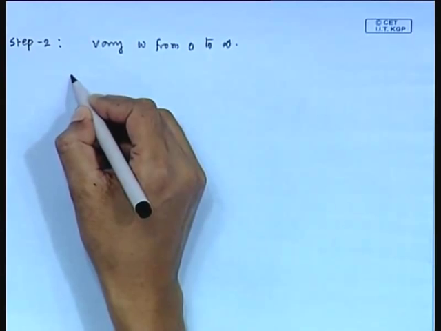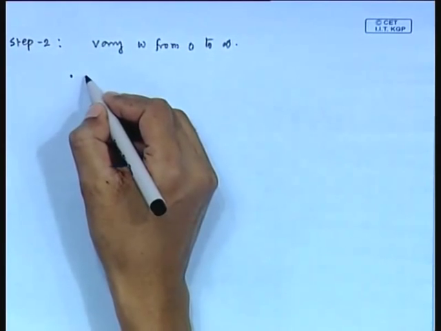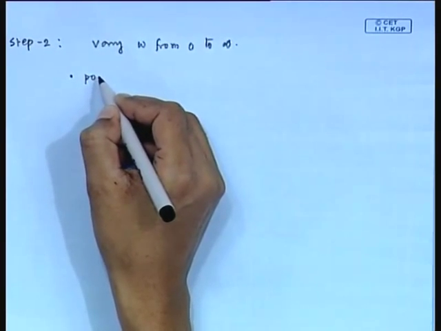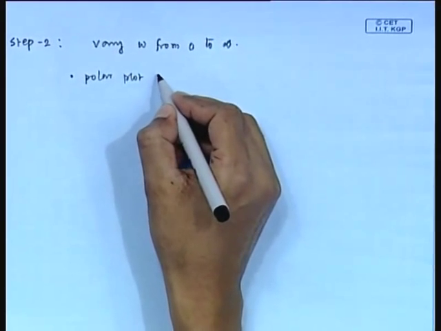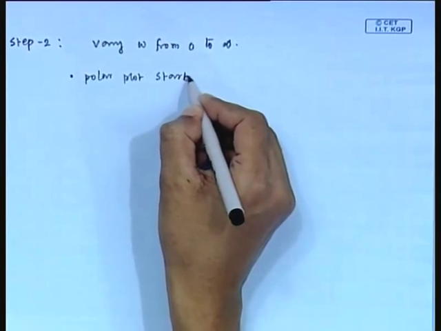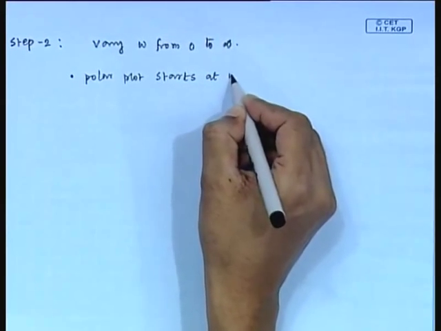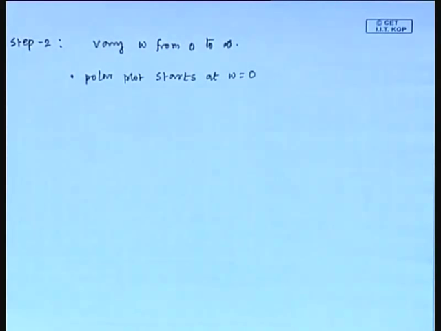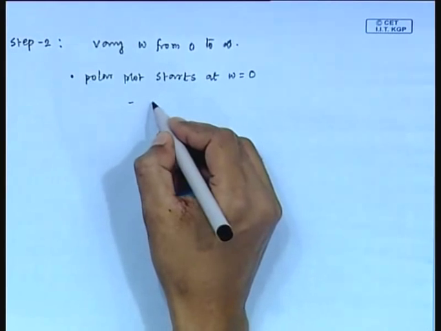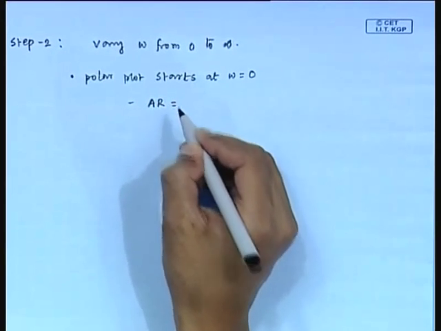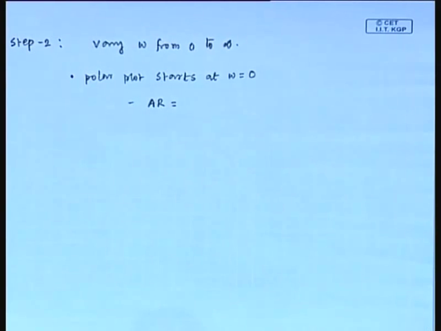Under this we can say that the polar plot starts at omega equals 0. Now, at omega equals 0, what is the corresponding amplitude ratio that we can get from the expression which we have written?